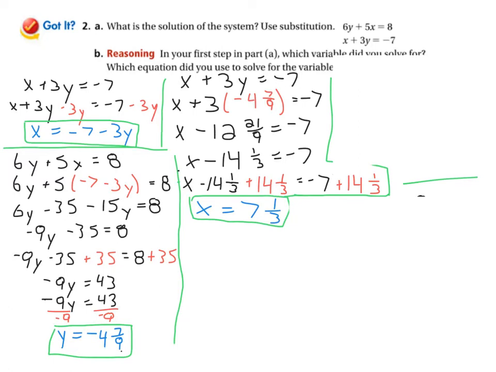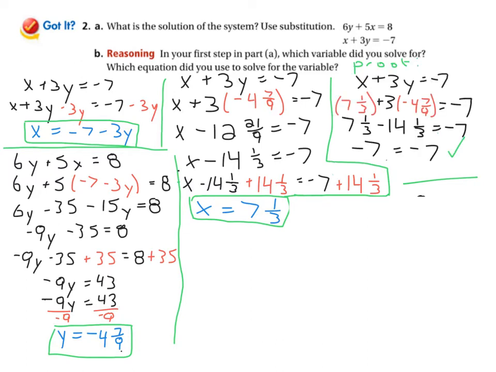So we have two values for the variables. We've got x is 7 1/3, y is -4 7/9. So what do we do now? We do a proof. We say, okay, we're going to plug in both of those amounts into the equation. x is 7 1/3, y is -4 7/9. That's going to get multiplied by 3. So this stays 7 1/3.